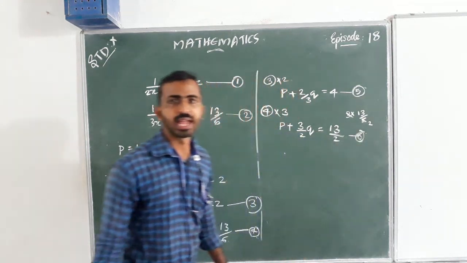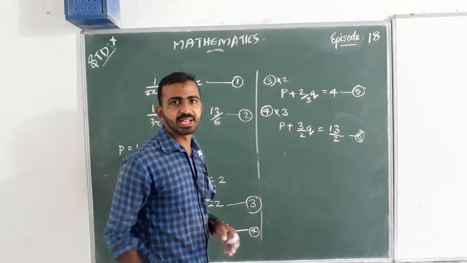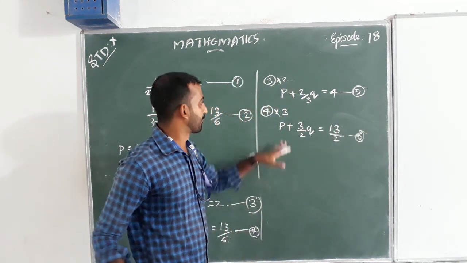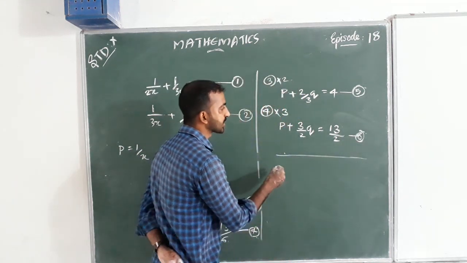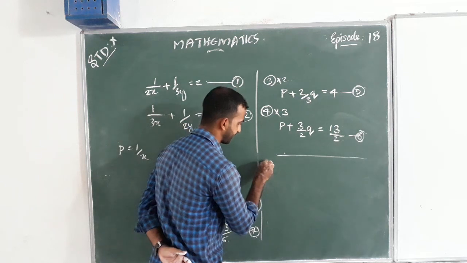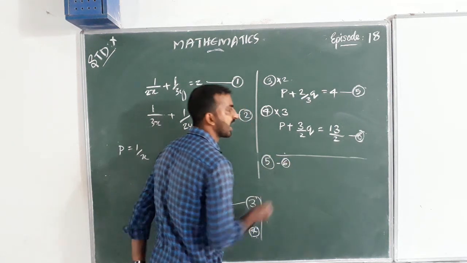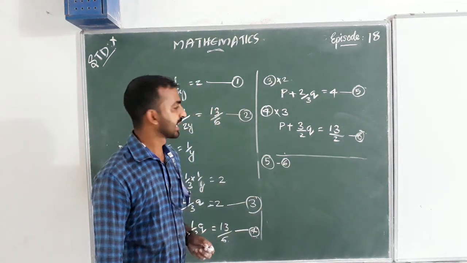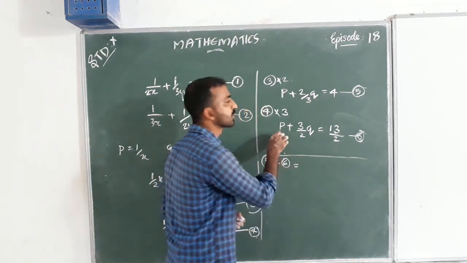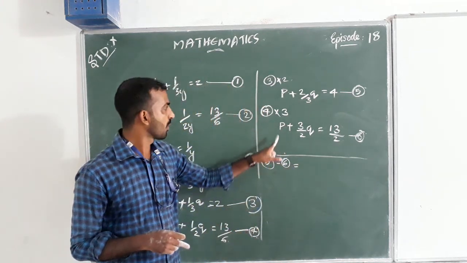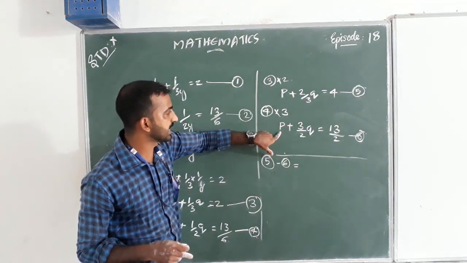Is it? Yes. Next step we eliminate the p. That is, we can write equation number 5 minus 6. What do we get? We get 0p, is it? When we do 5 minus 6, p minus p is 0.